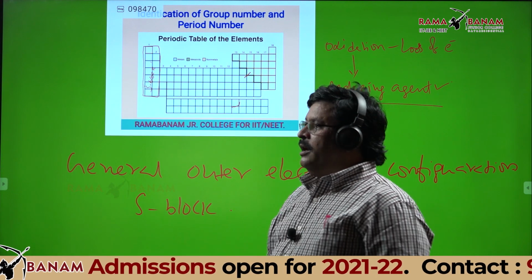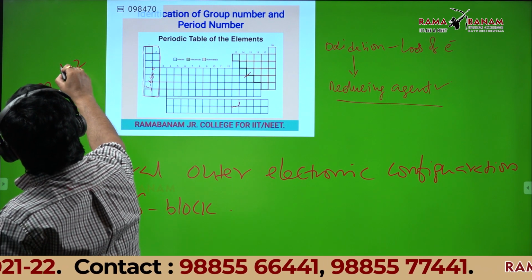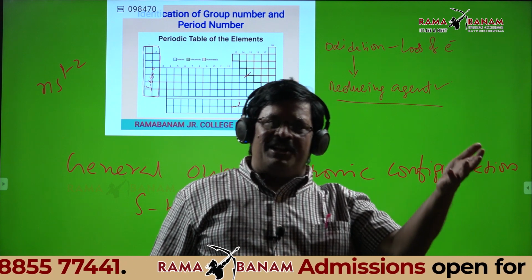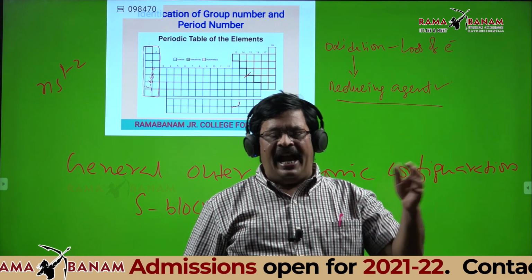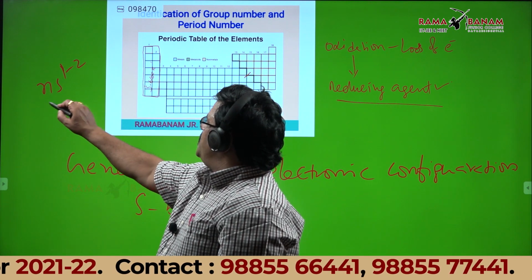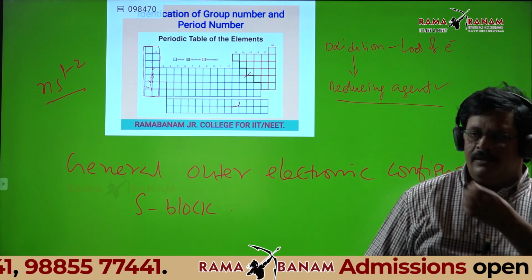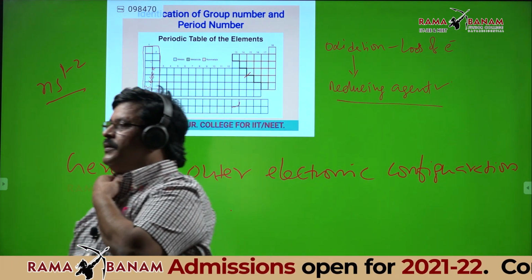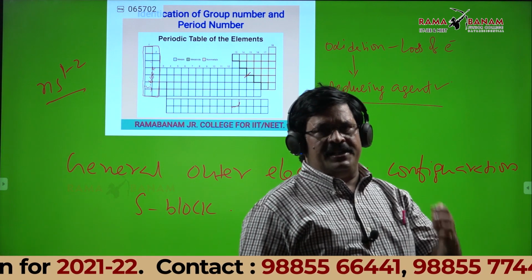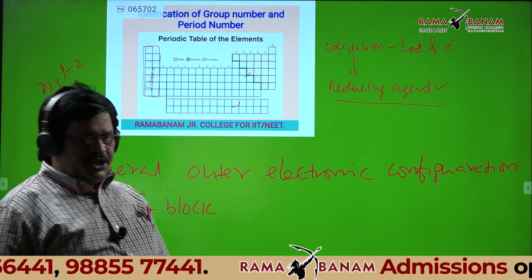That's right. ns1 is S block, ns2 is S block. So we can write the general outer configuration of S block elements is ns1 to 2. Is it okay? So write this point. General outer electronic configuration of S block elements is ns1 to 2. Is it okay, students?